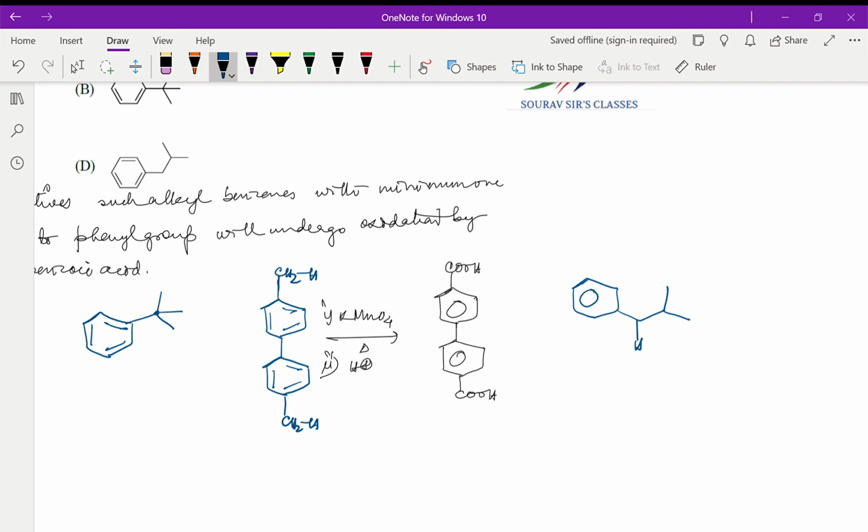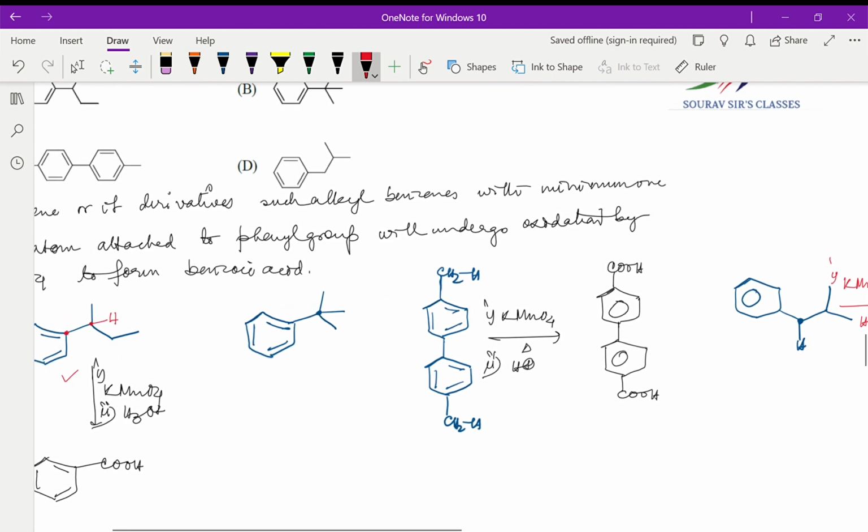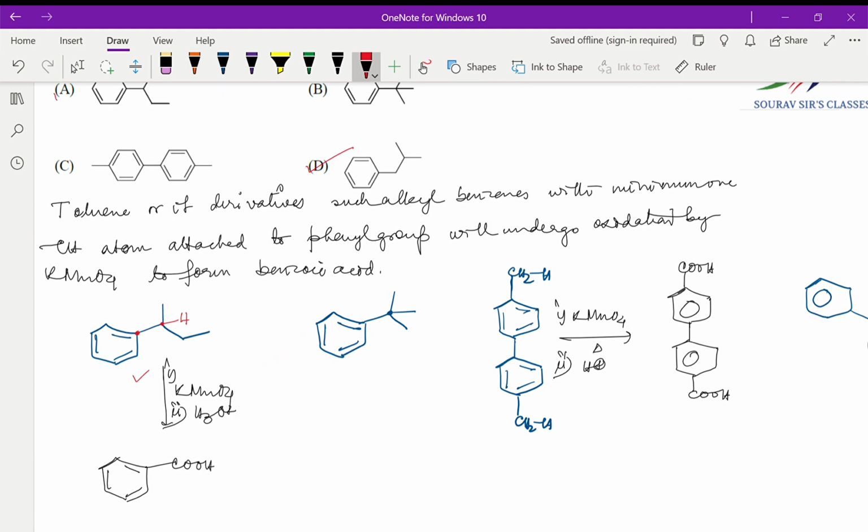Yes, it has an H here, so it will also undergo oxidation with KMnO4 with acidic workup, and give us the desired benzoic acid as the product. I hope that clarifies the question. That means our answers here are going to be D and A.